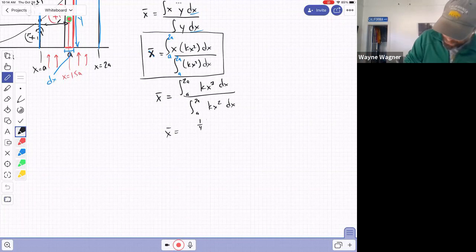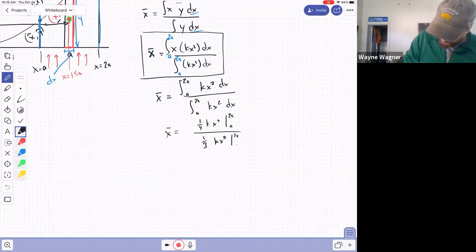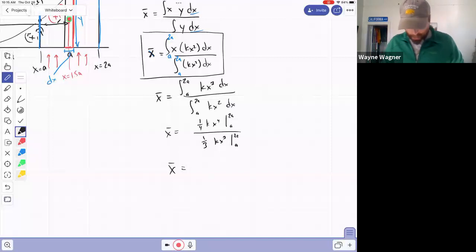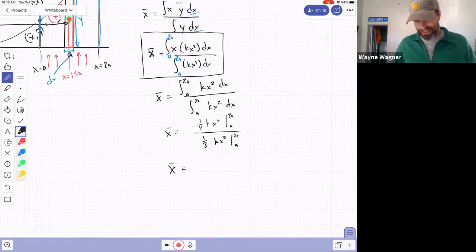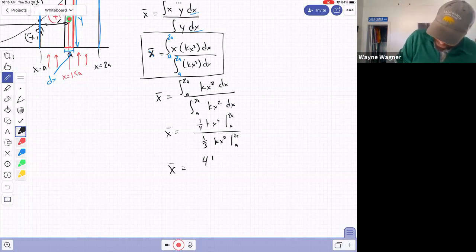So this would be 1/4 kx to the 4th from 2a to a over, what is this? kx cubed, 1/3, from 2a to a. Okay, so x bar equals, kind of annoying, 2 to the 4th is what, 16? 16 over 4, so we're going to get 4k a to the 4th minus 1/4 k a to the 4th, right?